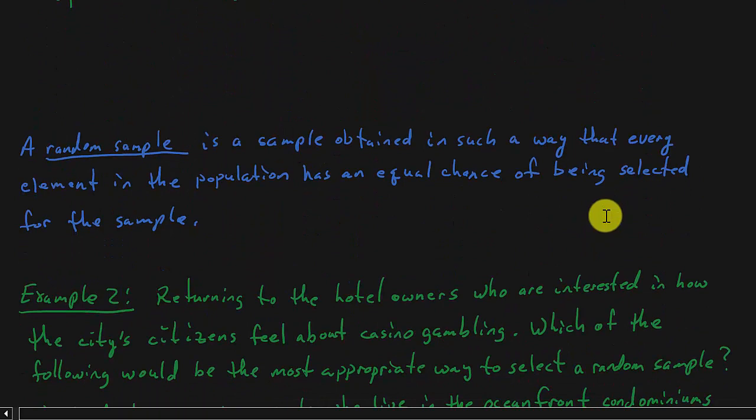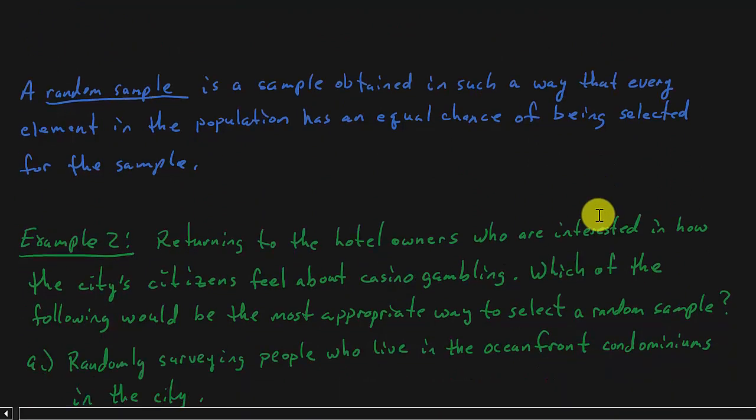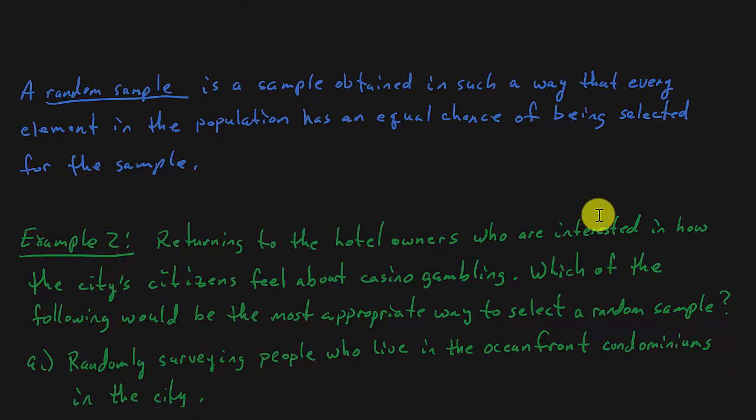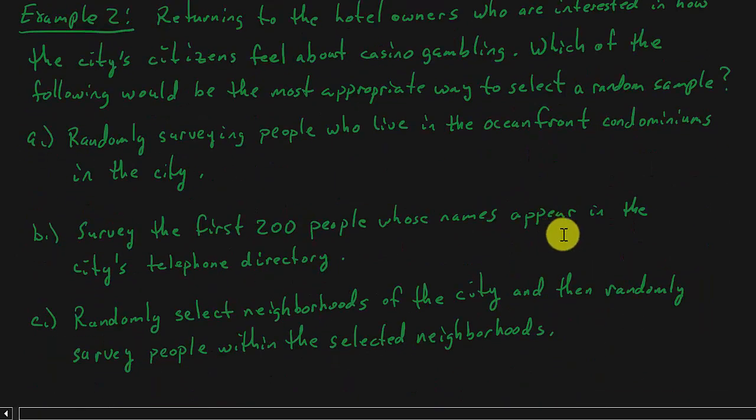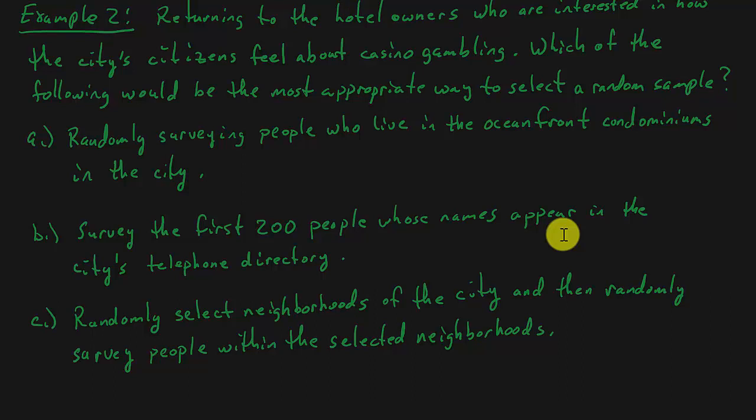Now let's look at a random sample. A random sample is a sample obtained in such a way that every element in the population has an equal chance of being selected for the sample. You're just randomly picking people, but everybody has the same chance of being selected. Let's take a look at example 2, which clears that up and gives you more of an idea of what a random sample is.